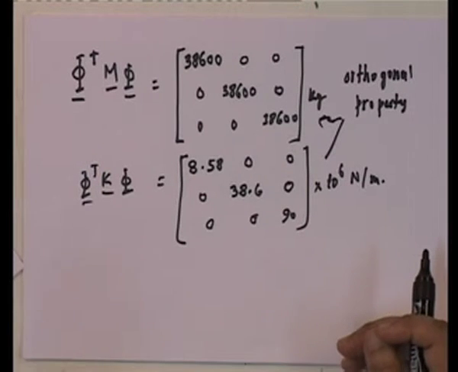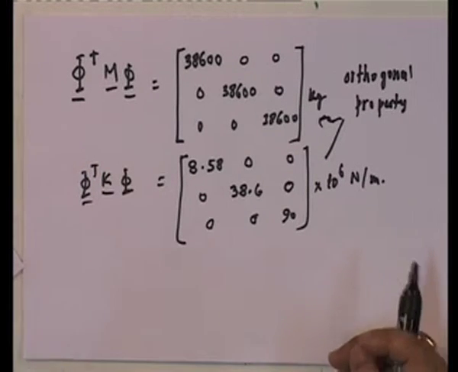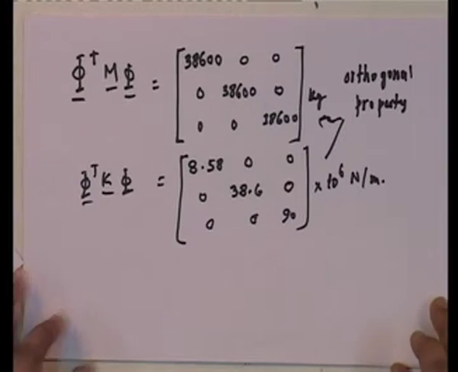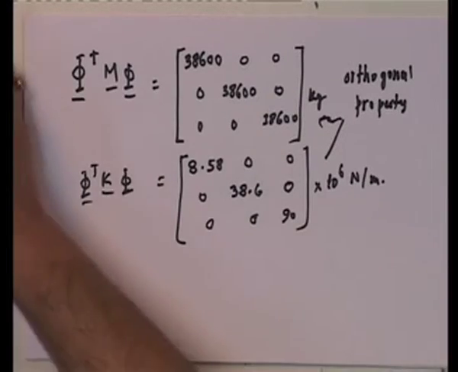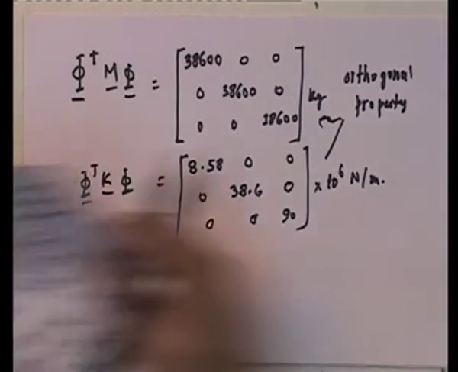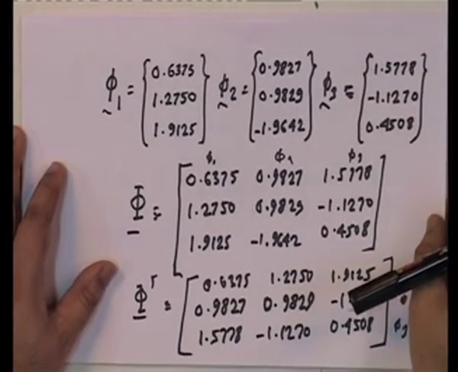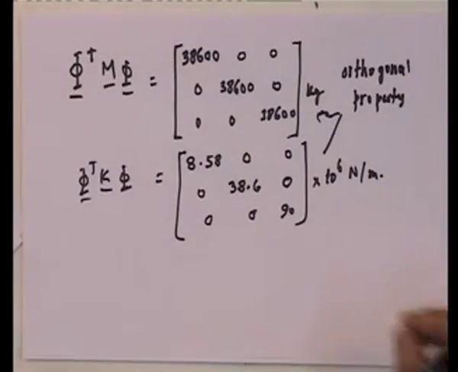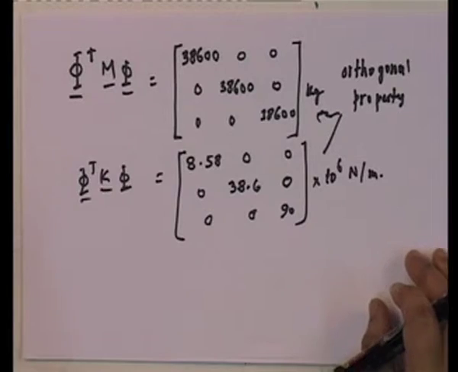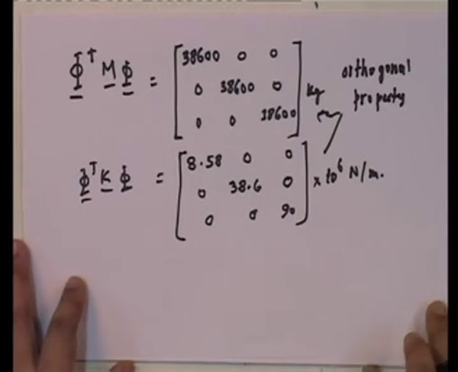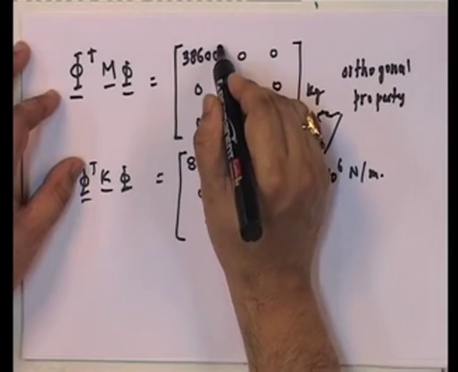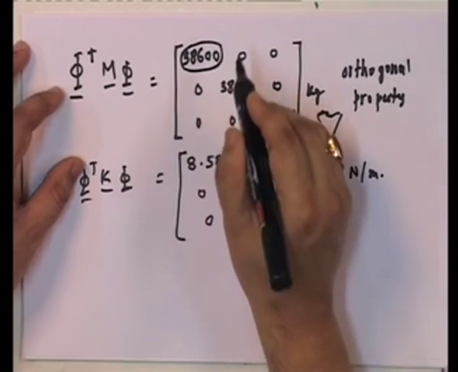That means that the phi values that we have given are indeed orthogonal mode shapes. Well, mode shapes are orthogonal, we have already found that out.